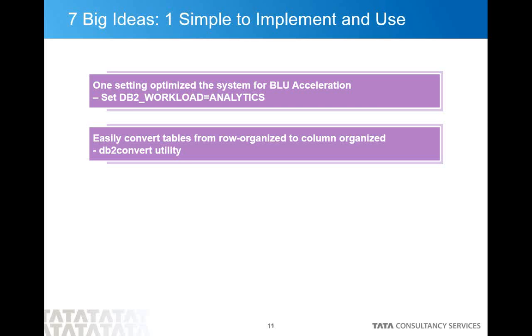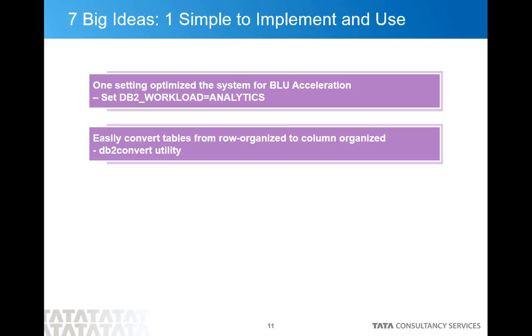IBM has introduced a single registry parameter, DB2_WORKLOAD=ANALYTICS, in order to make the database suitable for analytical workload. So with the setting of a single parameter, a lot of things are automated.